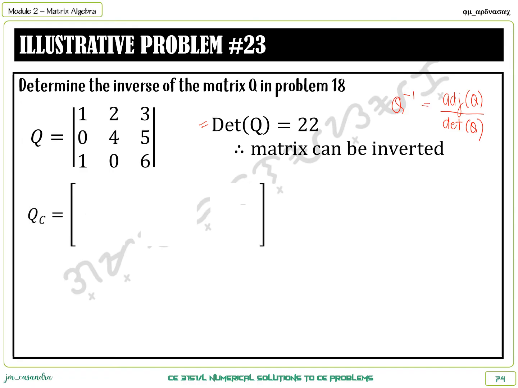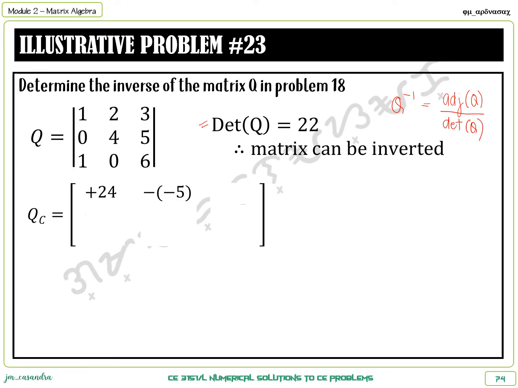What we will do is to identify first our cofactors. For element 1,1, that will be positive 4 times 6 minus 5 times 0, which is equal to positive 24. Next we have element 1,2. That will be negative 0 times 6 minus 1 times 5, so we'll have negative 5 times negative 1.